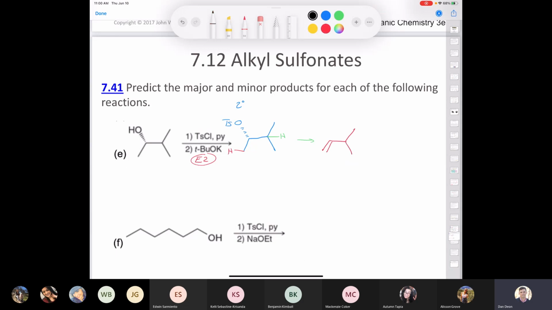And if I rip off the one in green, I'm going to end up with this product. There's no E or Z for either of these, and the major product is going to be the one in red, the Hofmann product. Why? Because this is a hindered base.